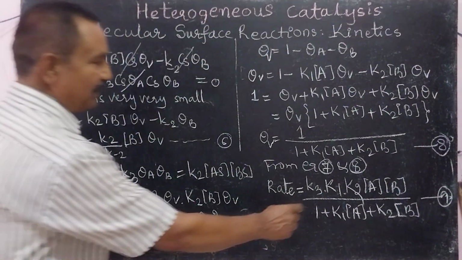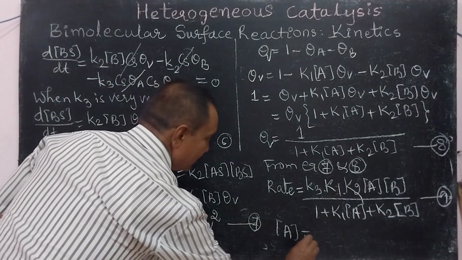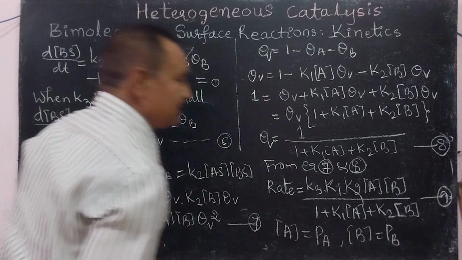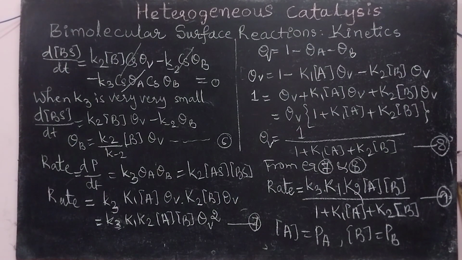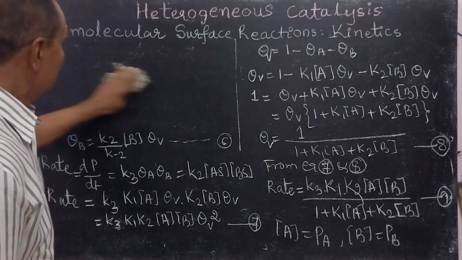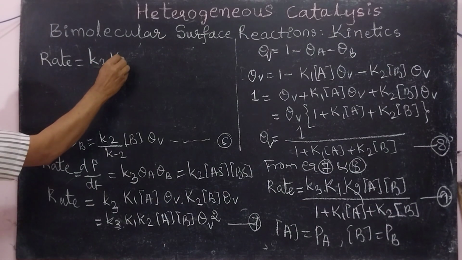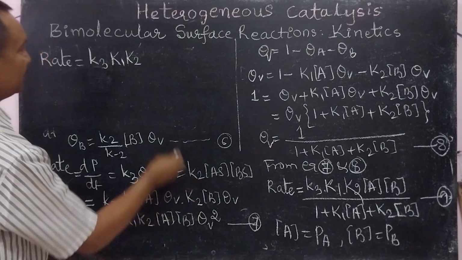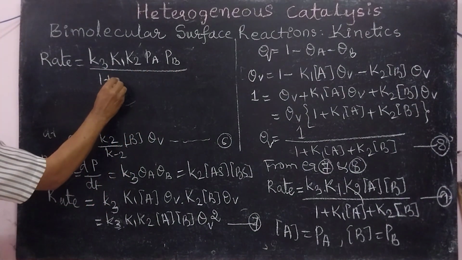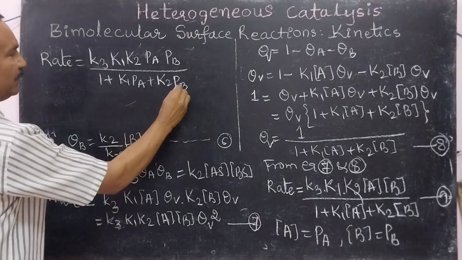Now we can substitute the concentrations by pressures in the case of gaseous reactions. That is, concentration of A equal to PA and concentration of B equal to PB. Then equation 9 becomes rate equal to K3 K1 K2 PA PB divided by (1 plus K1 PA plus K2 PB) whole square.